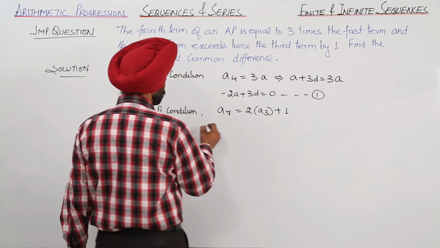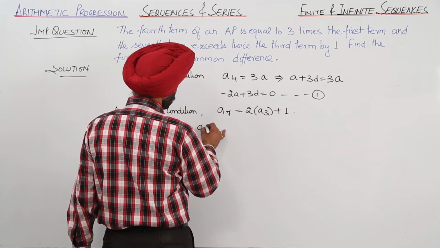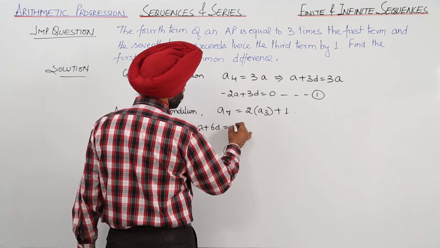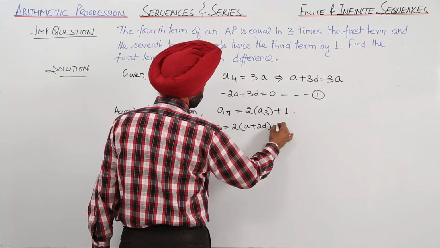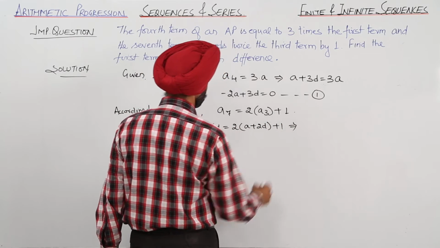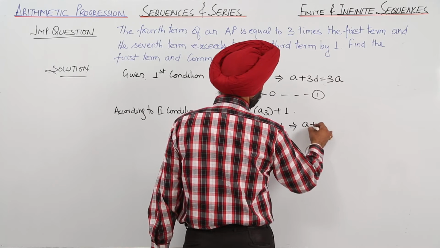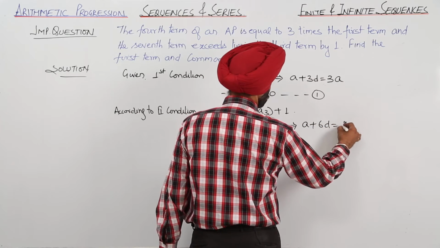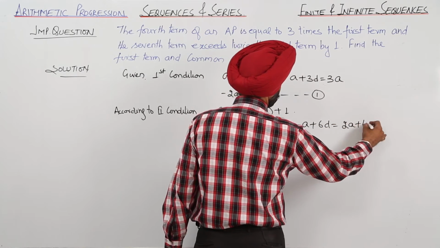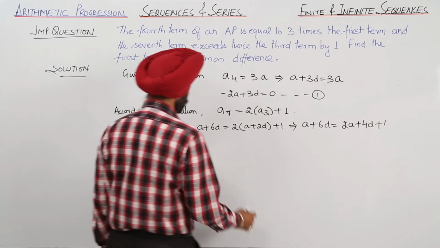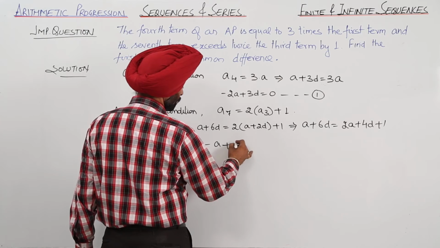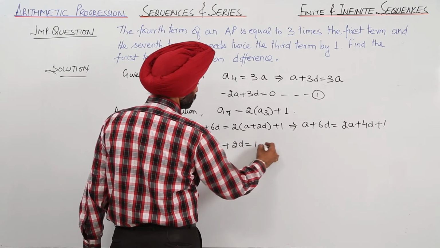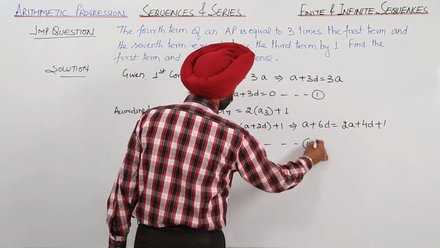So this becomes now A plus 6D is equal to twice of A plus 2D plus 1. A plus 6D is equal to twice of A plus 4D plus 1. Now this becomes negative of A plus 2D is equal to 1.